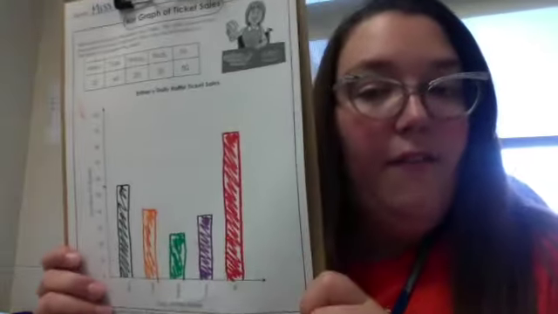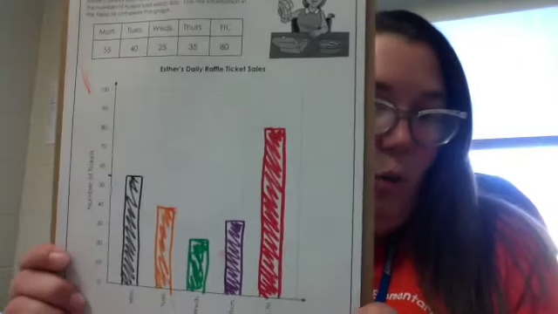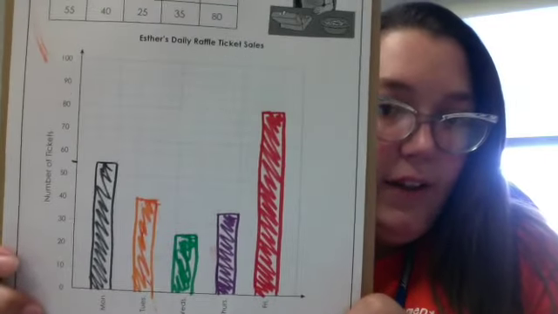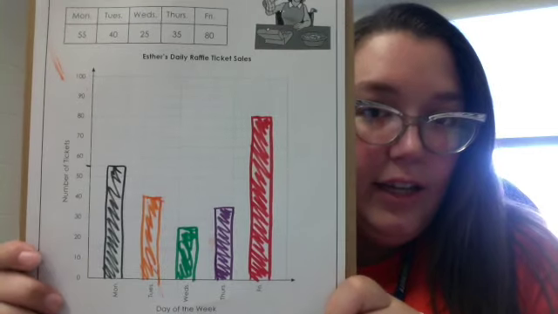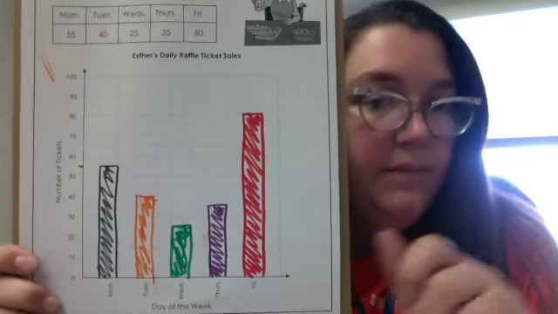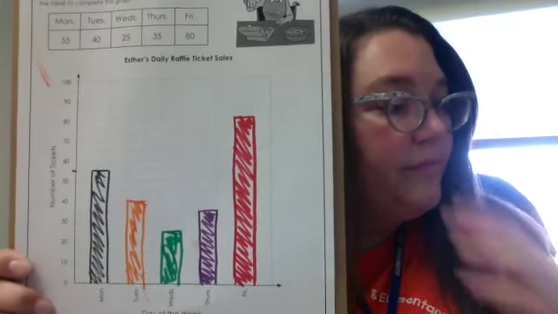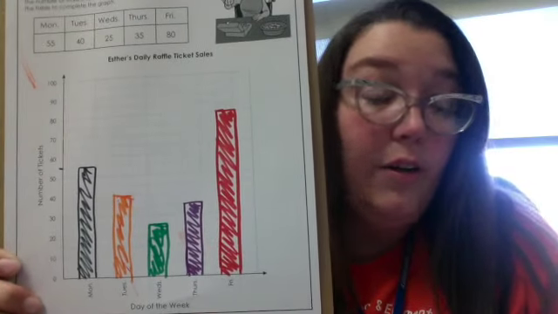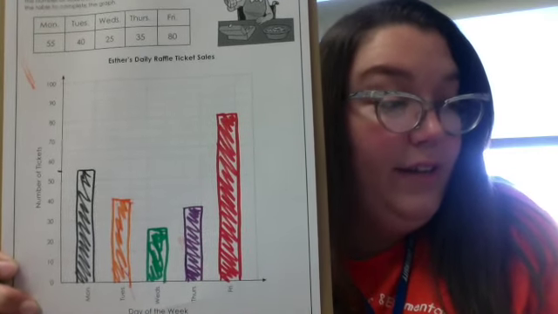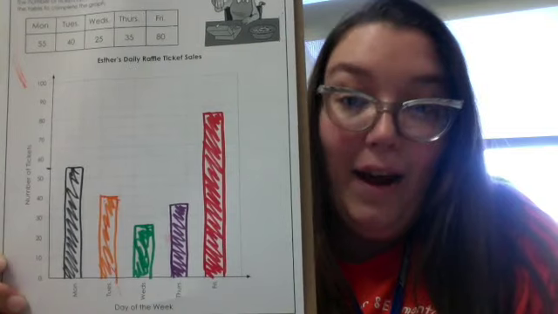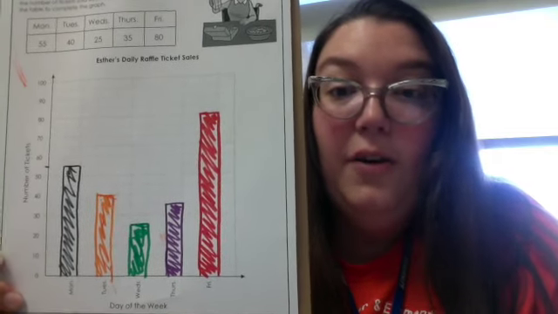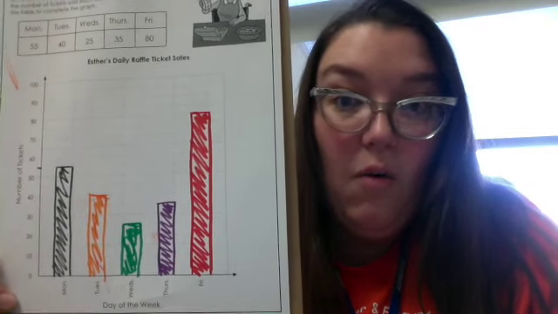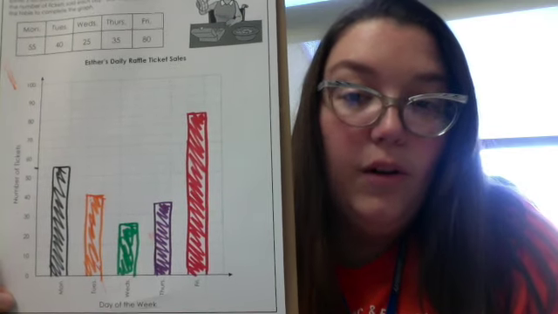So now that we have a finished bar graph, I have some questions for you. I'm going to leave it like this so that you can see the numbers and the bar graph. My first question for you is how many raffle tickets were sold on Wednesday. This would be a great place to pause your video if you are at home or at school.